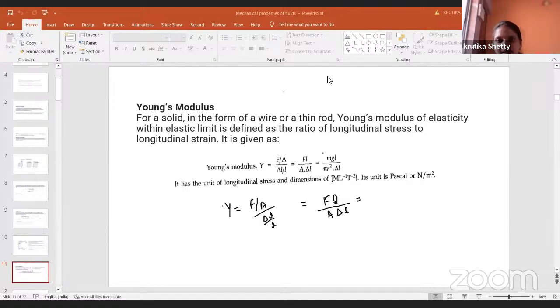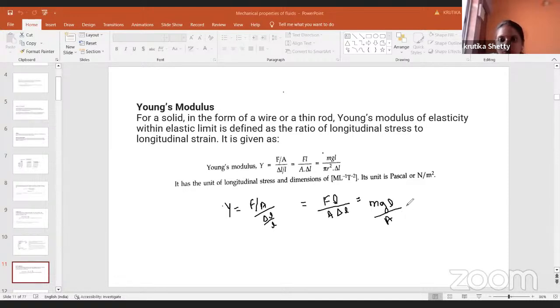It is ma. Yes. Very good, students. So here, whatever the force is, the force is equal to ma. Now acceleration due to gravity, instead of a, we can take it as mg. So here, mg into L upon A into delta L.